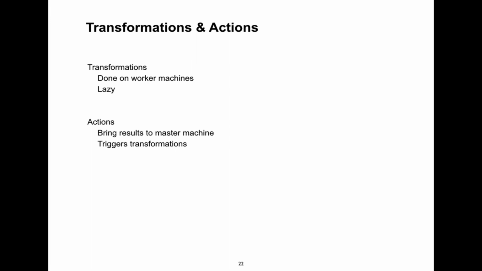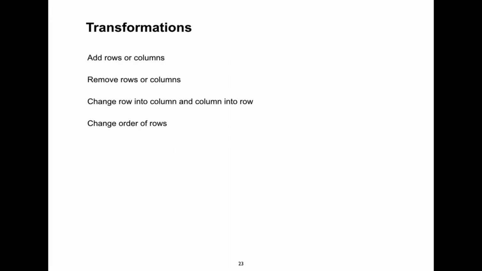Again, you get tired of me saying this, but transformations are lazy. They're done on the worker machines. Actions pull the result back to the master. So you add rows, add columns, remove rows, change rows, and transform. We can change the order of rows. We can change it within the row, in the column.